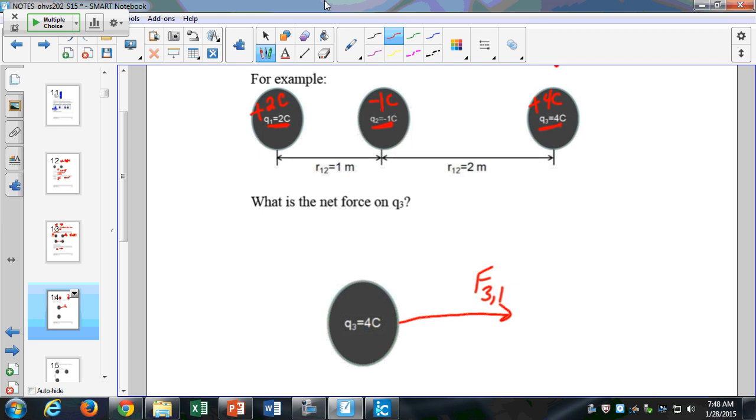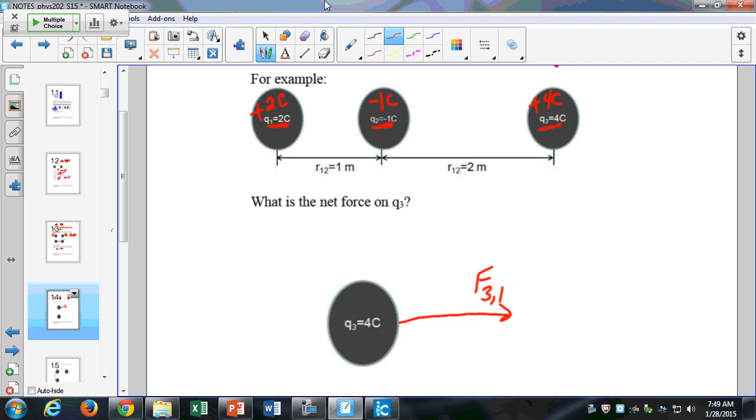And then also I'm going to go ahead and draw it with the correct magnitude. Will it be bigger or smaller than F31? And if so, by what amount? Is F32, the force on particle 3 due to particle 2, going to be bigger or smaller than F31?